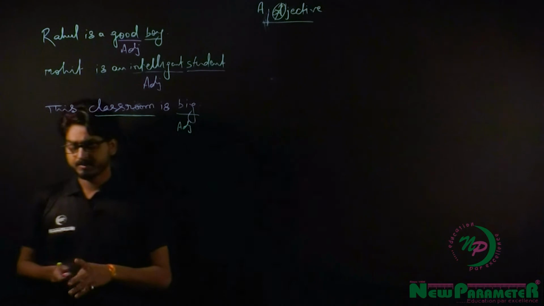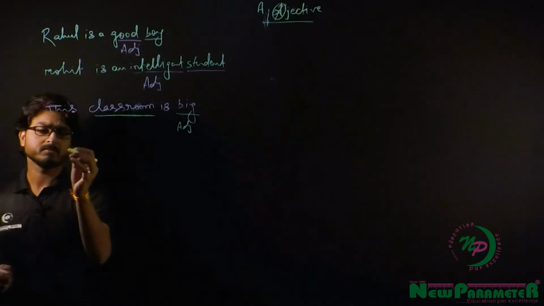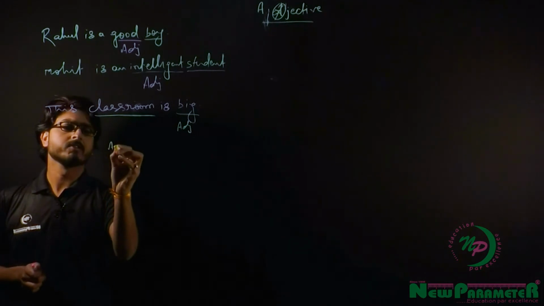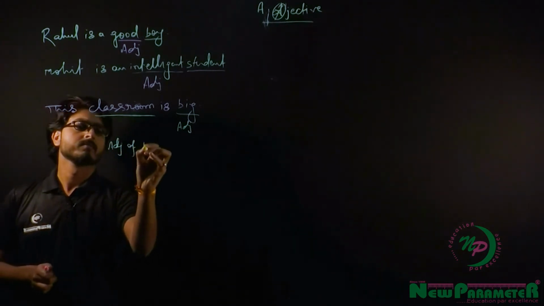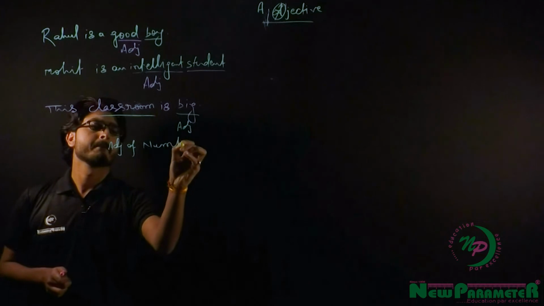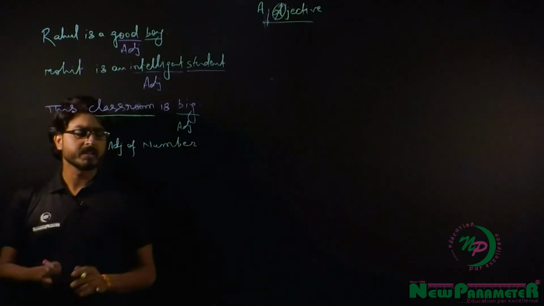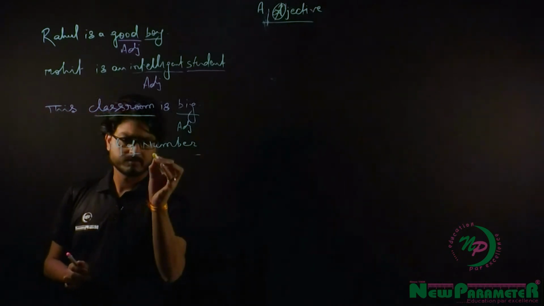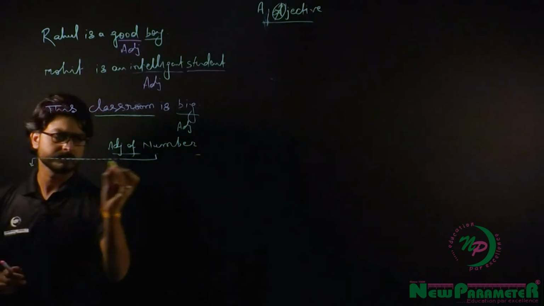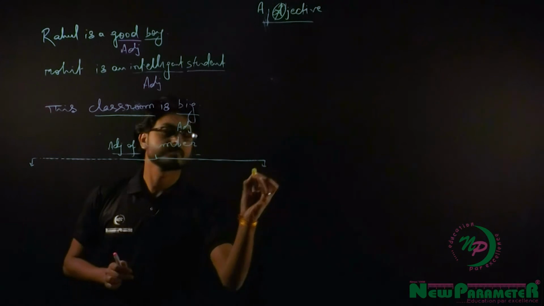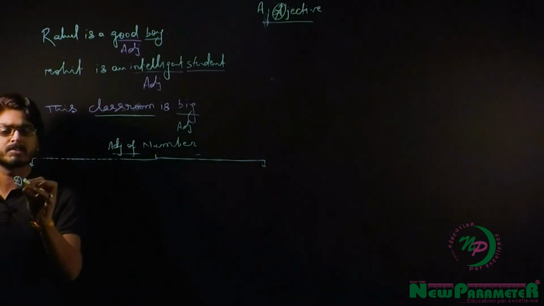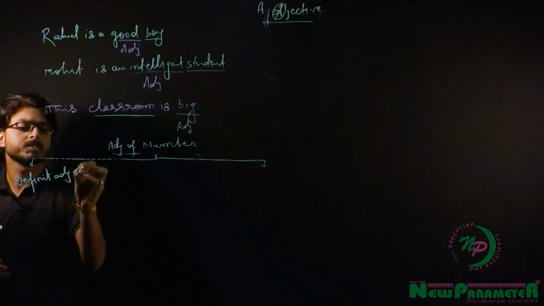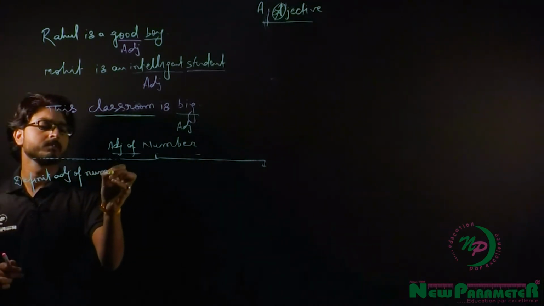We see what happens. There is a type of adjective, I can say adjective of number. See, there are two types of adjective of number. First one is definite adjective of number.